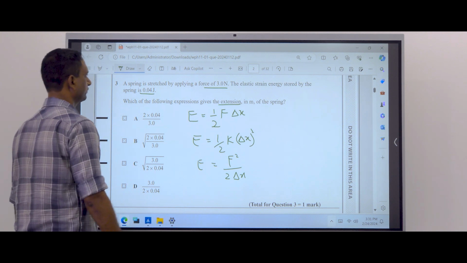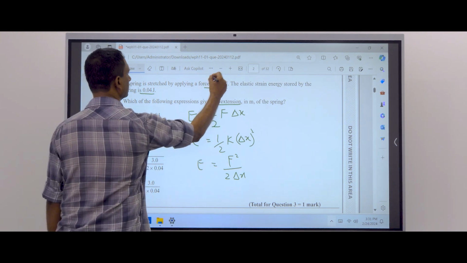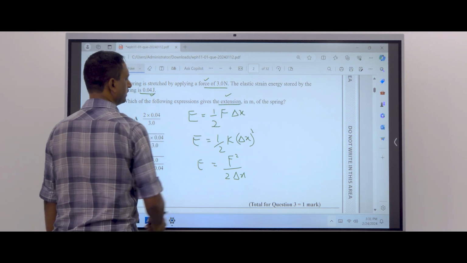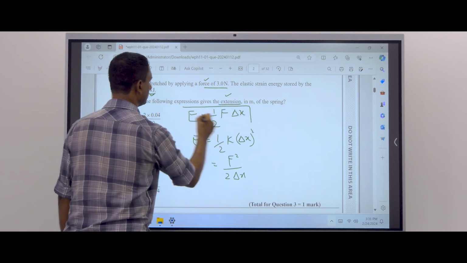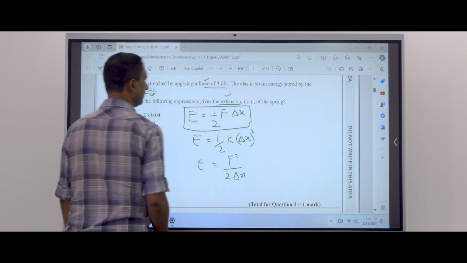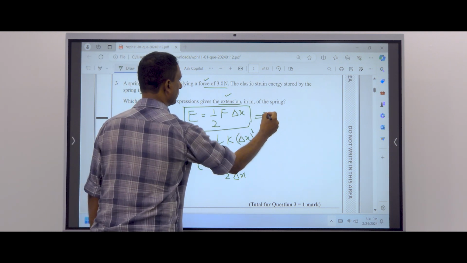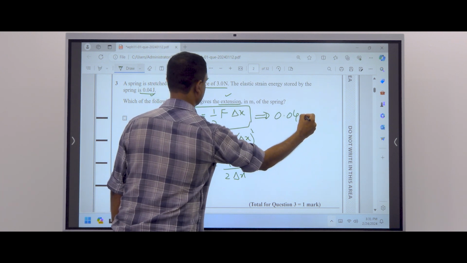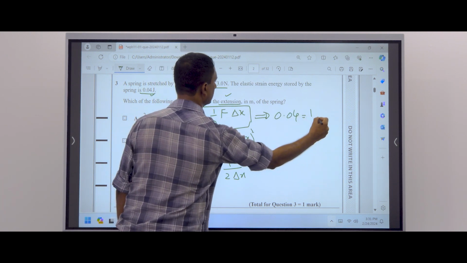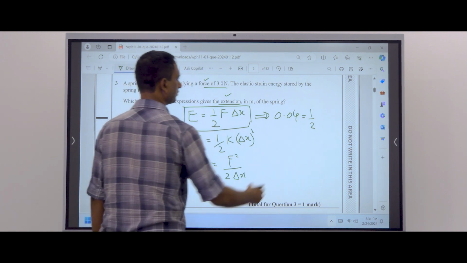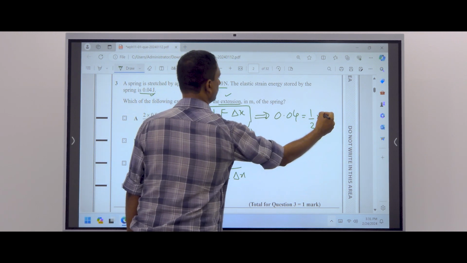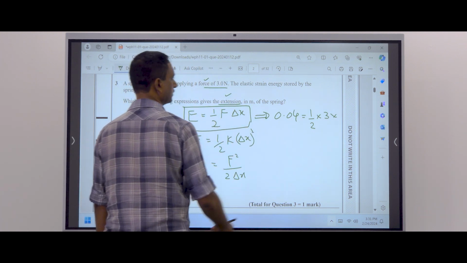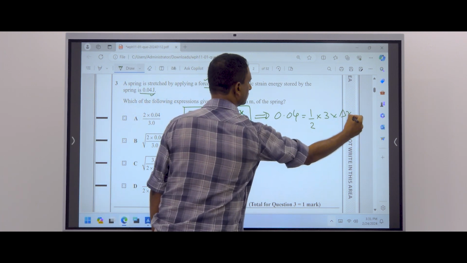In the question, we have to connect force, energy and extension. Then this is the equation we have to select. Then from this equation, energy is 0.04, half into force 3, delta x to be found, extension.